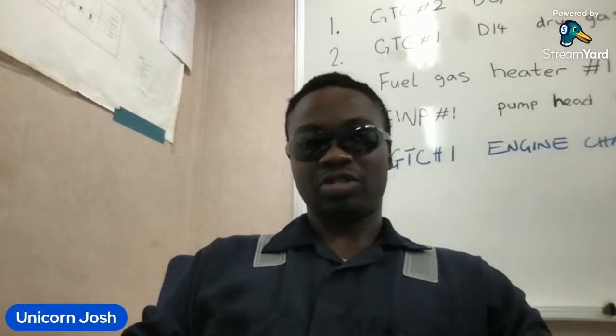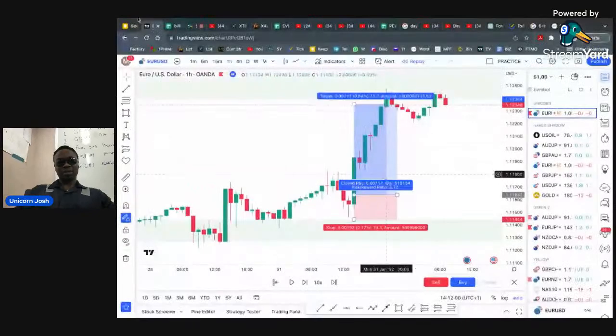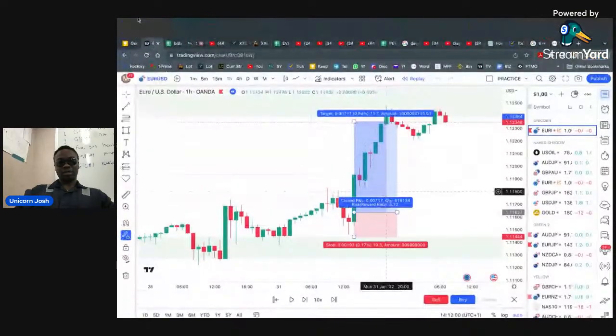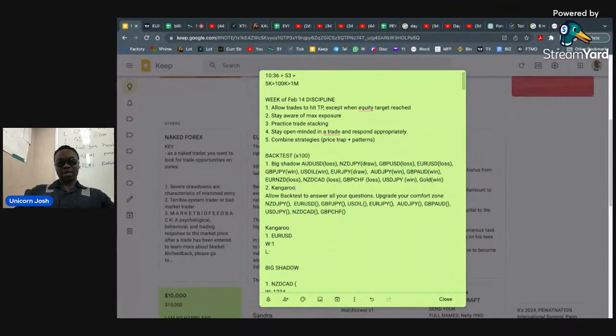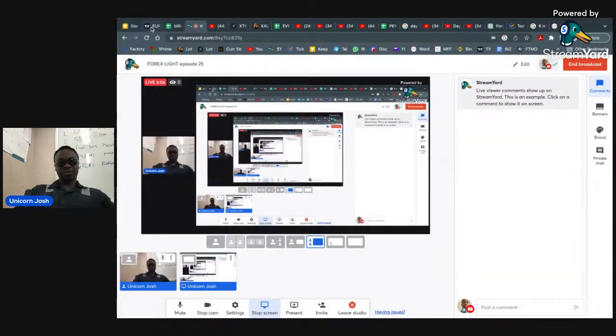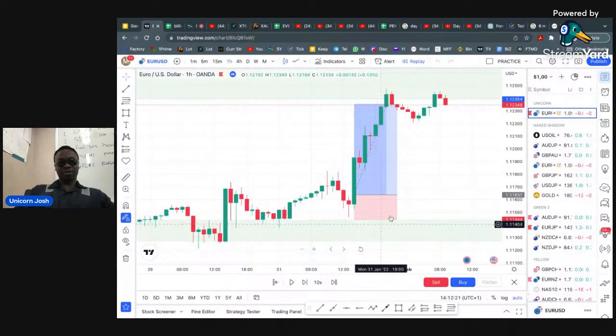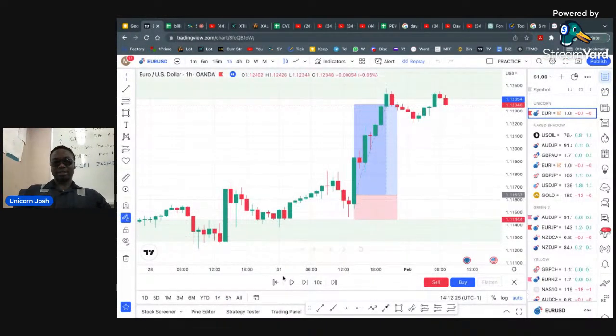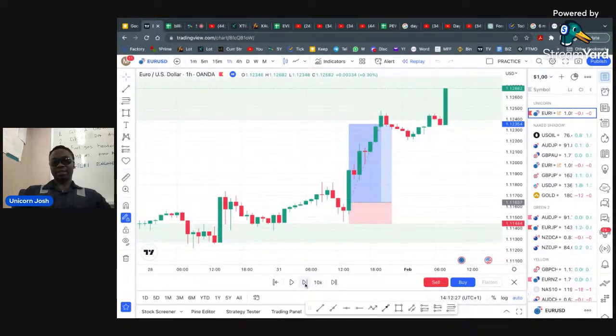So going straight into it. This is the strategy. It's called the kangaroo tail strategy. I'm doing a back test, and I just finished studying the strategy. So I'm trying to practice it, first of all so that I can identify it easily and speedily in the market.